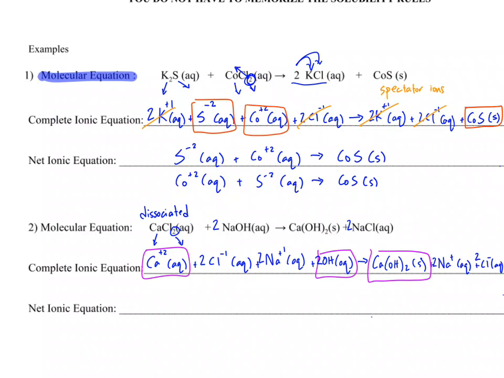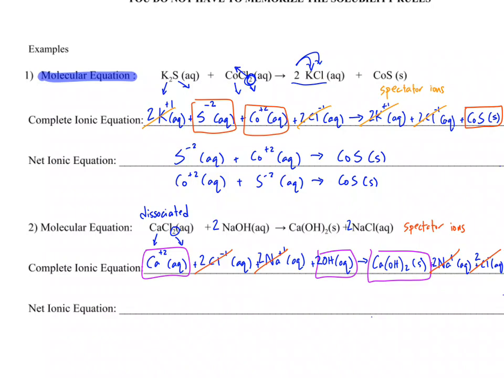Okay, so what's extra information? Well, 2 chlorines here, 2 chlorines there, 2 sodiums there, 2 sodiums there. So these ions here, again, are spectator ions. They are extra information, basically.